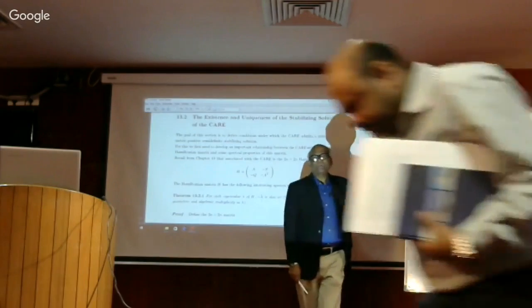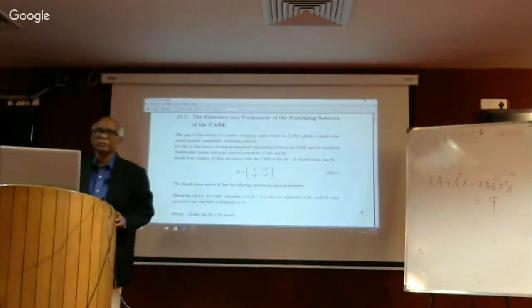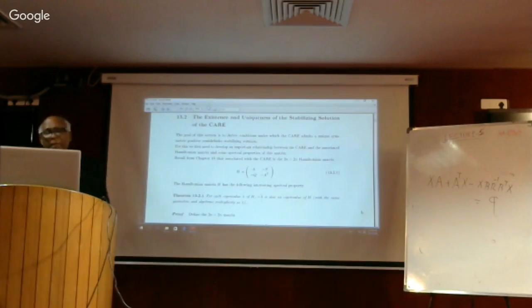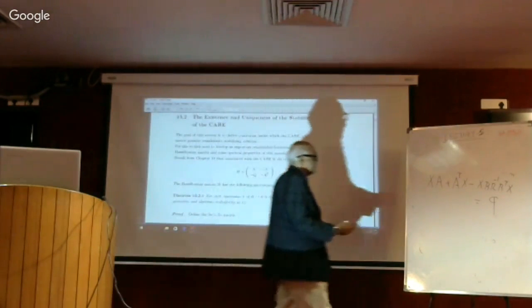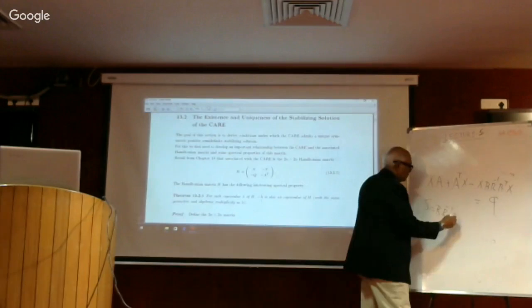So in that case, we have to do something else. What is the something else? Associated with this Riccati equation, we can define a 2n by 2n matrix called the Hamiltonian matrix, where S is B R inverse B transpose.